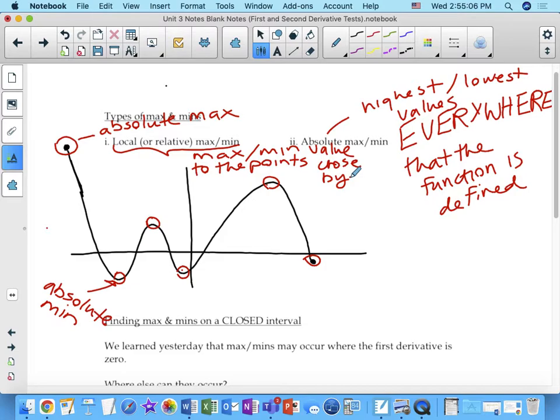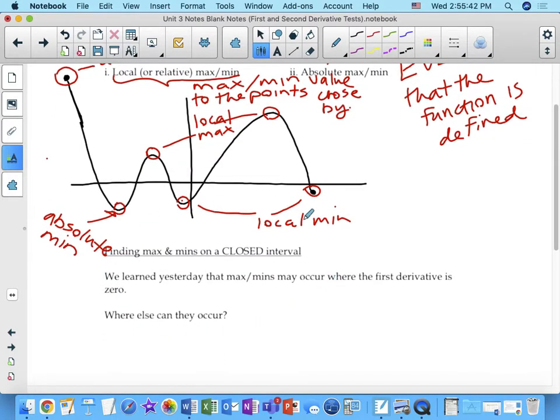So these guys are all local max, and these ones are local mins. Okay, so that's just some vocabulary.